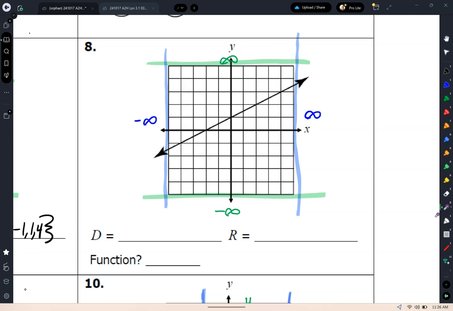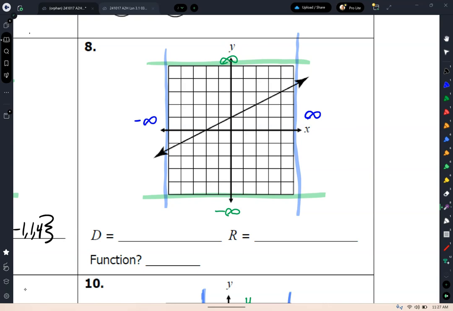All right, so we bring in this idea of negative infinity versus positive infinity, right? So that means that if we're dealing with domain, anything bigger than 0 is going to be positive infinity, while anything less than 0 is going to be negative infinity. Same thing on the y-axis. Anything greater than 0 is positive infinity, and then less than 0 is negative infinity. So then the question is what do we say about the domain?